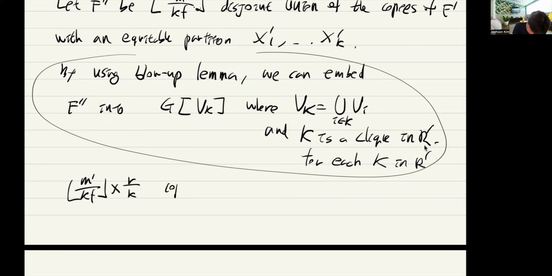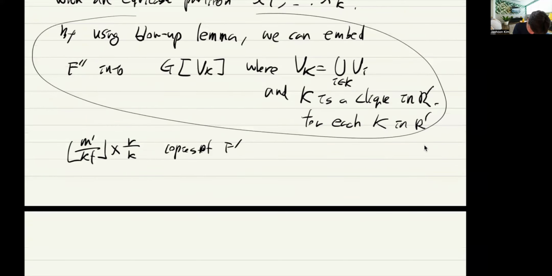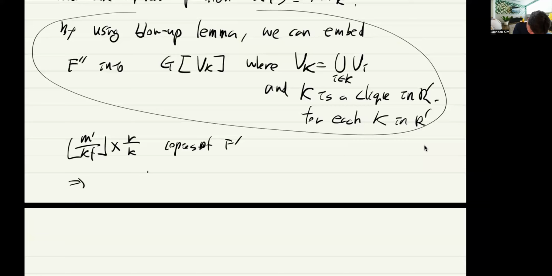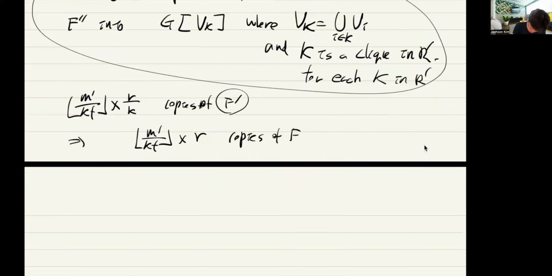So this many copies of F prime, so that gives you M prime over K F times the R copies of F, because this is a disjoint union of K copies of it.